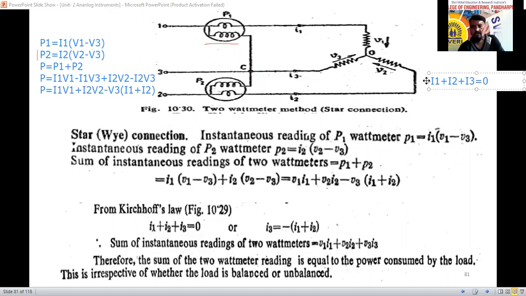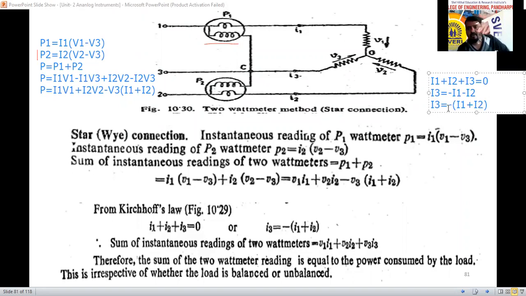From this equation, I3 equal to minus I1 minus I2, which we can write as I3 equal to minus (I1 plus I2).